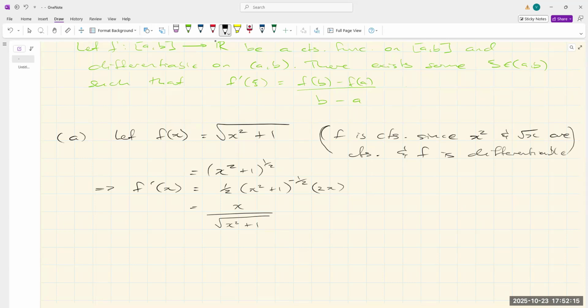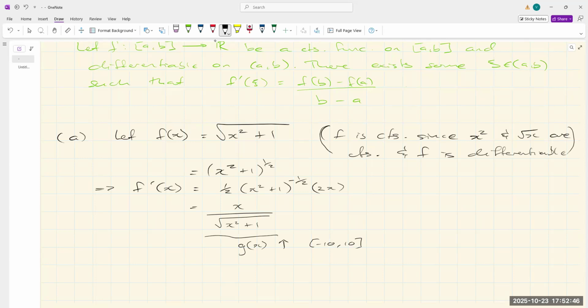Something we'll need to observe is that this function f prime of x, if we just view it as any new function, let's call it g, is an increasing function. It's increasing on the domain minus 10, 10.